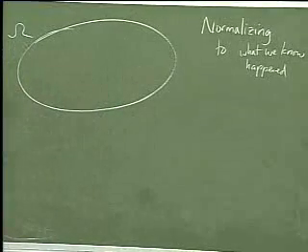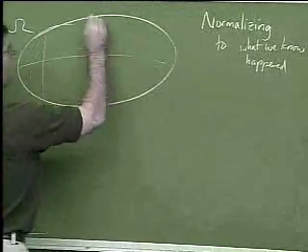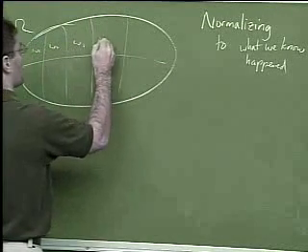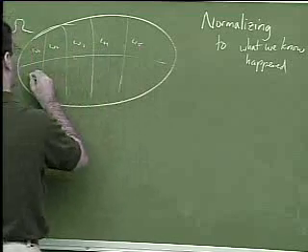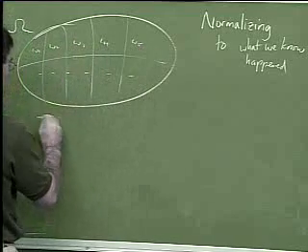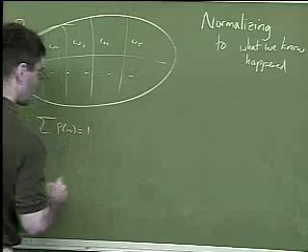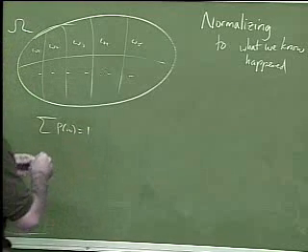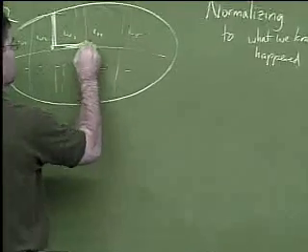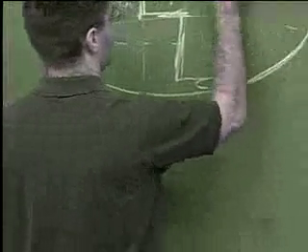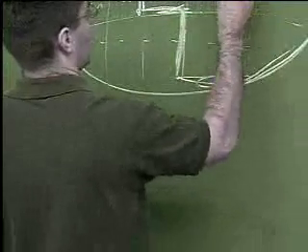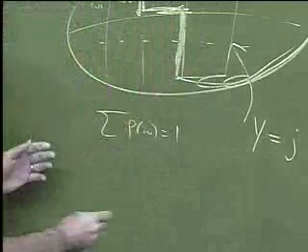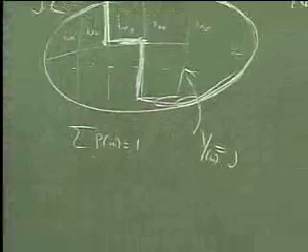If you chunk it up into the different omegas, omega 1, omega 2, omega 3, omega 4, omega 5, they add up to 1. For some of these omegas, it's going to be the case that y equals j. So let's say for this set over here, our random variable y, describing these omegas, equals j.